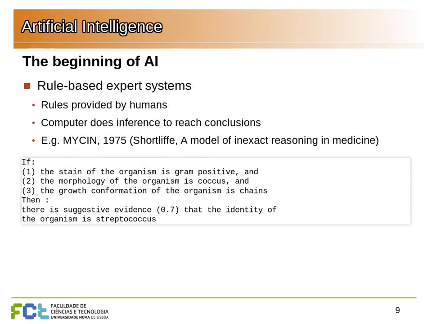So, for example, in 1975, there was this Mycin expert system, which had a model of reasoning, but also included probabilities, and it was aimed at trying to diagnose or identify some bacterial strains. So, for example, if it's gram-positive and it's a coccus and it grows in chains, then there is a 70% probability that it's streptococcus.